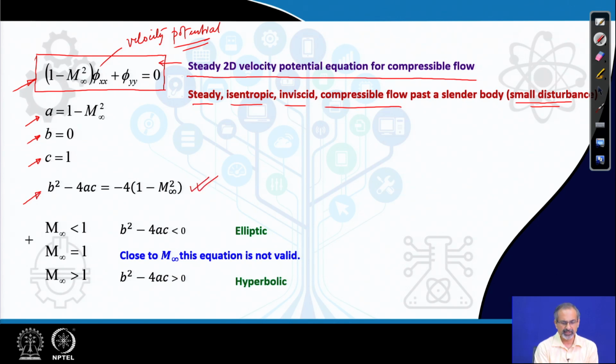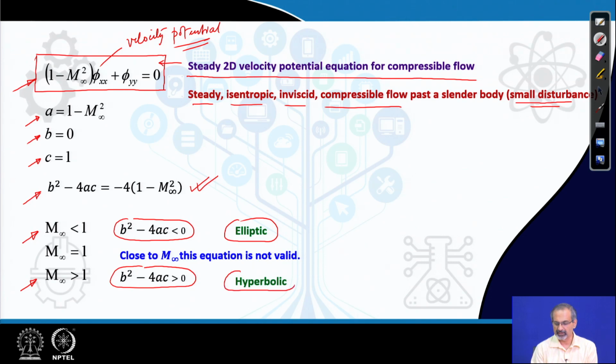Now, we have to see that for subsonic conditions what it works out to be. We find that this is less than 0, which means the behavior will be elliptic. When you go to supersonic conditions, on the other hand, this becomes greater than 0 and therefore, it will be hyperbolic. So, here you will have no real characteristics, while in the other at supersonic conditions you will have 2 real characteristics.